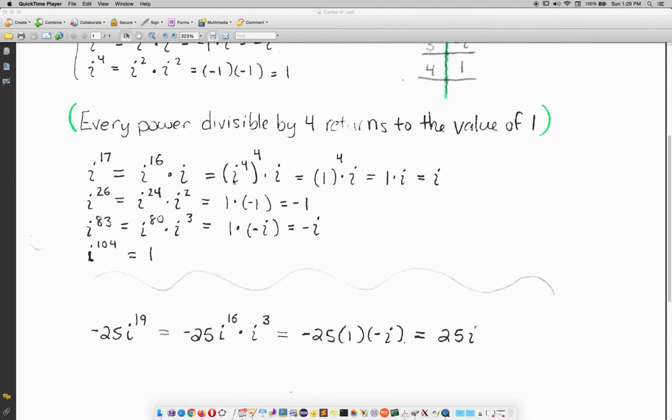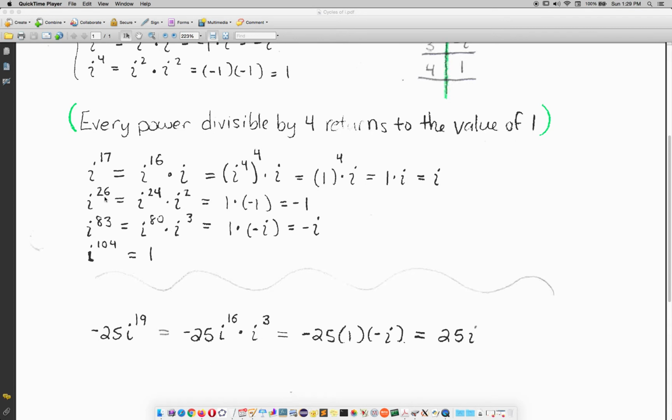So if this is i to the 4th raised to the 4th, we already know that i to the 4th is 1. So this becomes 1 to the 4th times i, but 1 to the 4th is 1. So this is 1 times i, which is just i. So it turns out that i to the 17th is equivalent to i, and the reason being is because if I take 17 and divide by 4, I get a remainder of 1.